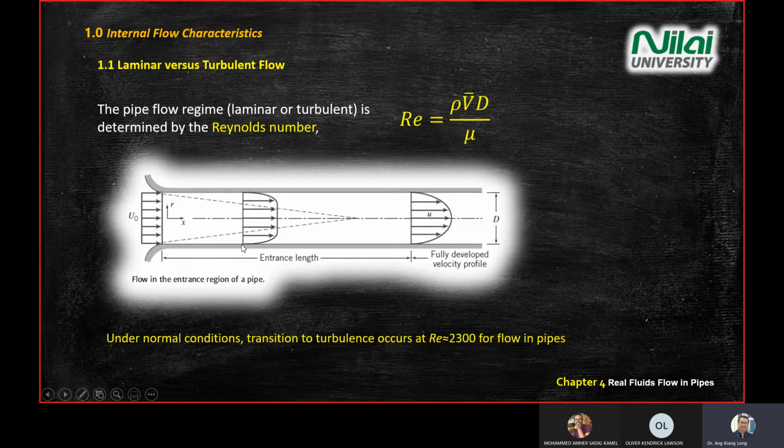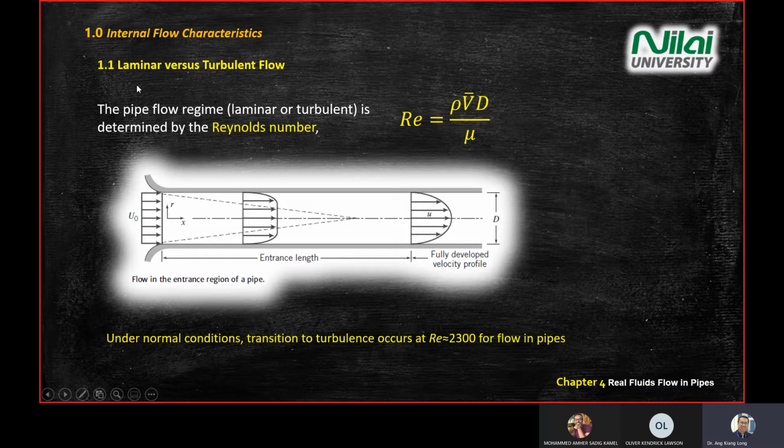So you will see that the value of velocity when it's near the wall or at the wall will become zero. Then it will start to pick up speed. So this is the velocity profile diagram.